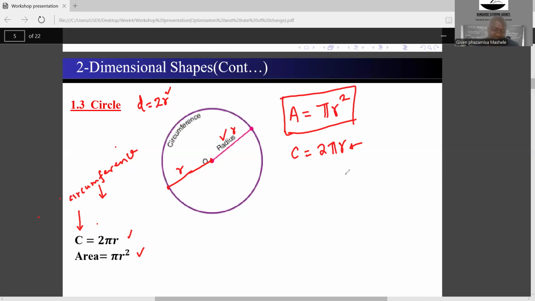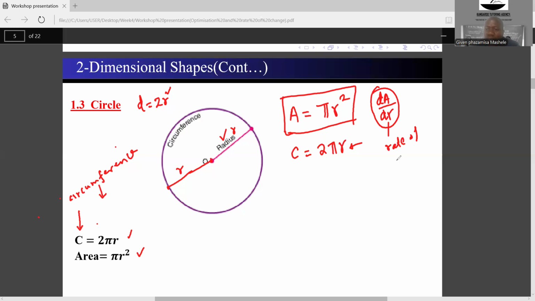To remember 2 pi r, since you know how to differentiate, you can differentiate the area with respect to r. This is the rate of change.